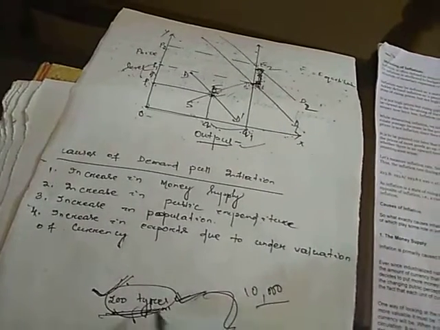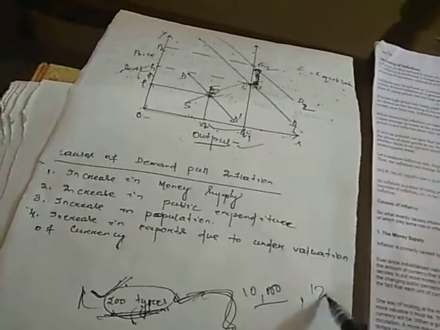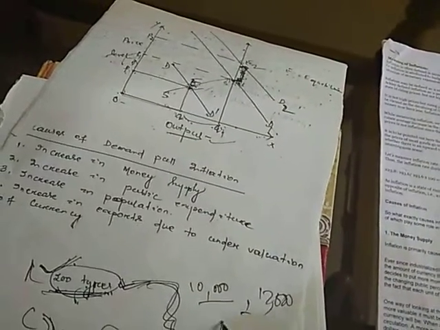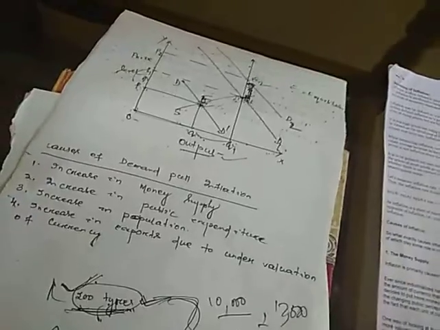So to maintain demand and supply, the company has to raise its price, say from 10,000 to 12,000. Automatically the demand is balanced with the price. So there is no chance of output increasing. Output stays constant, but the price is high because demand pulls the price up.